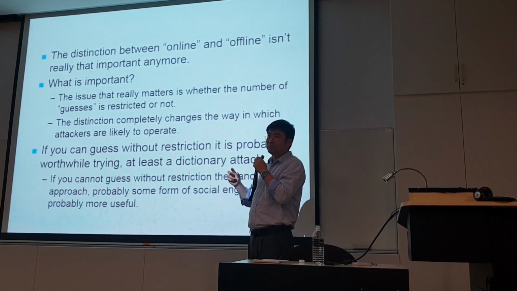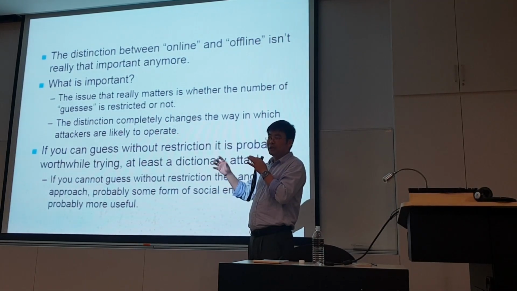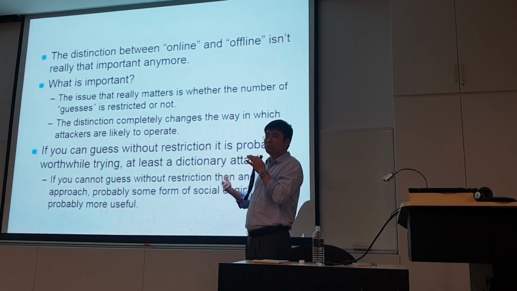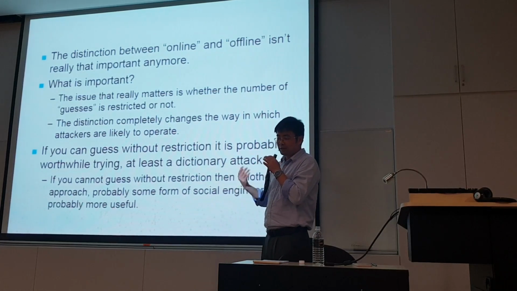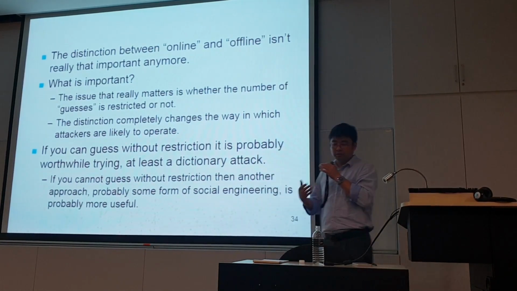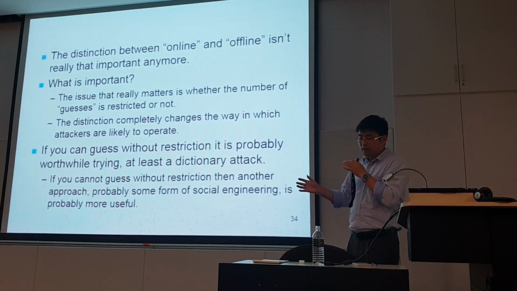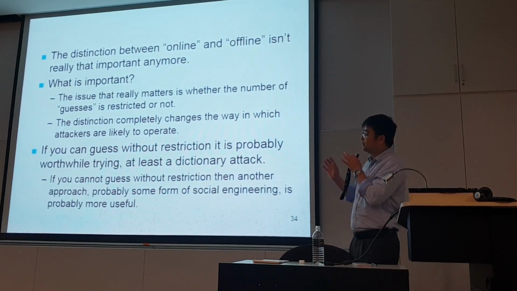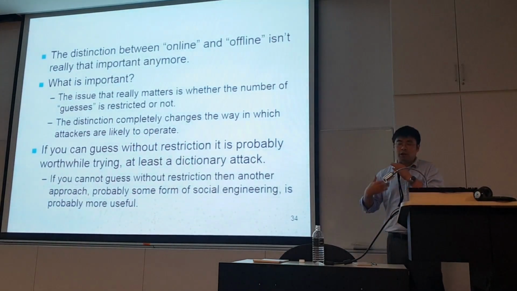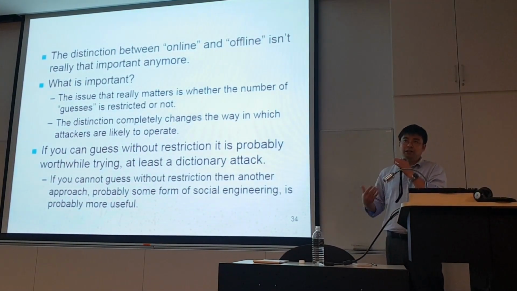For online, that means you are testing against a live system. So the number of tests is limited, because if you fail several times, the system will basically lock the account. Offline, you don't have such a limitation. So the difference is whether the number of trials performed by the attacker is limited or not.